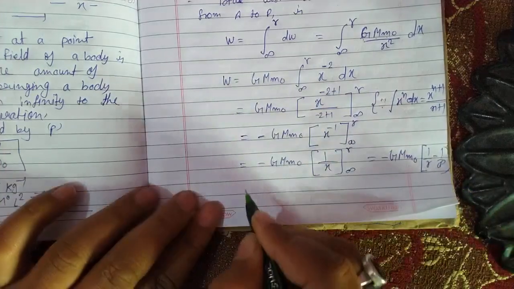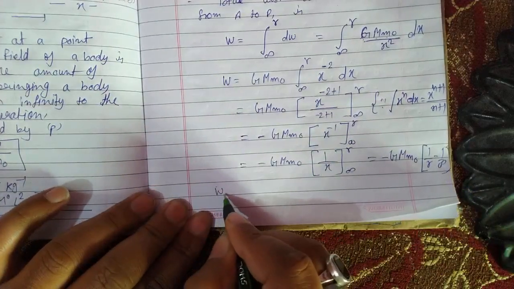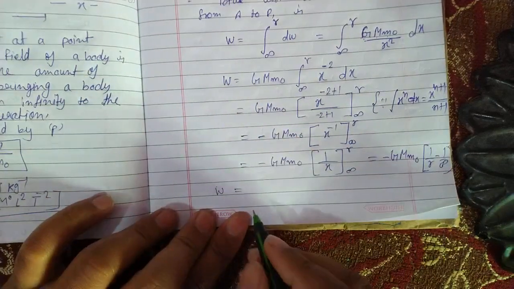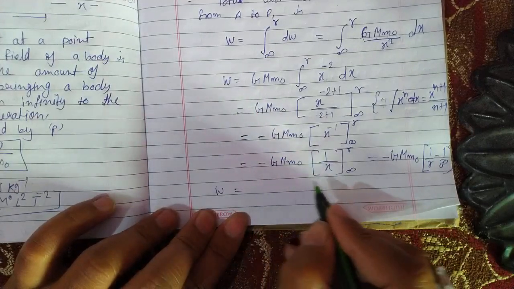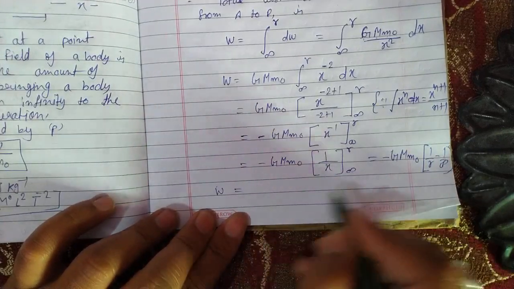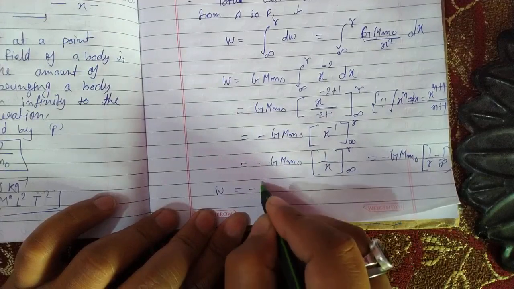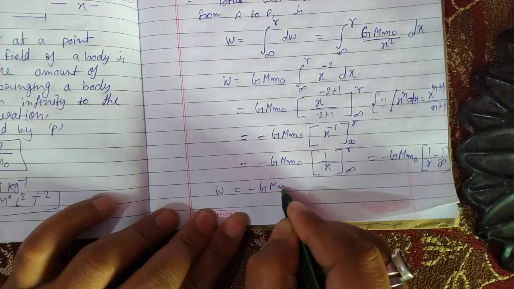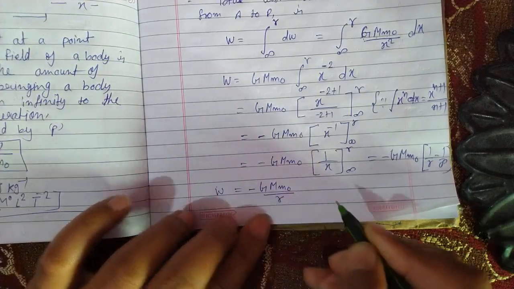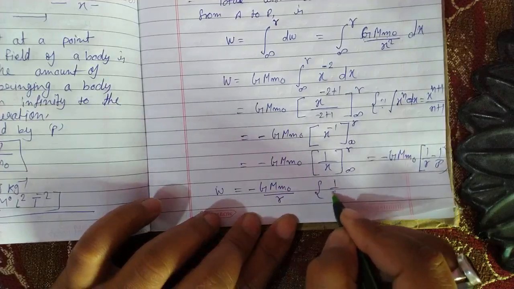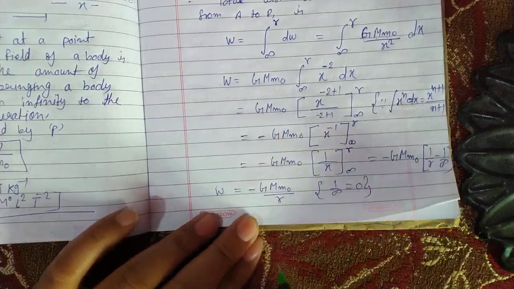Therefore, the work done in bringing a unit object from infinity to location P is minus G m m0 upon r. Here 1 upon infinity becomes 0.